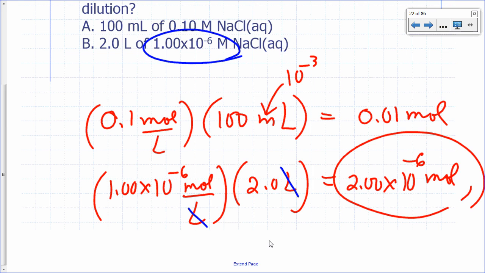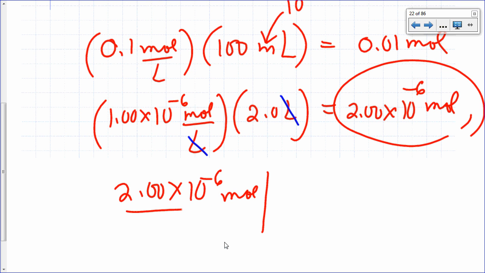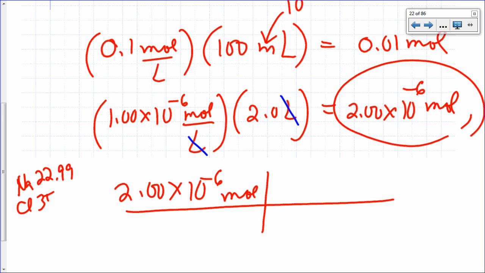In fact, how many grams would that be? Okay, 2.00 times 10 to the negative 6 moles of sodium chloride multiplied by the molar mass. Sodium is 22.99, chlorine is 35.45, so that's 58.44 grams per mole.